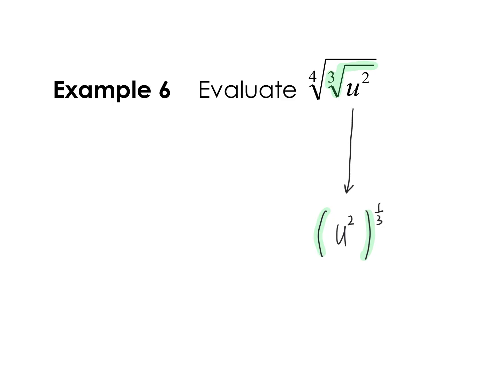And the fourth root means you change it to power 1/4. So you just change it into a form that is friendlier for you. And then according to the law just now, if it's separated by a bracket, we can multiply the power together. So this is 2/3.